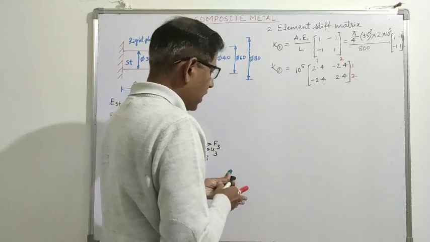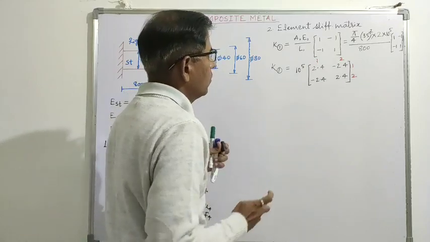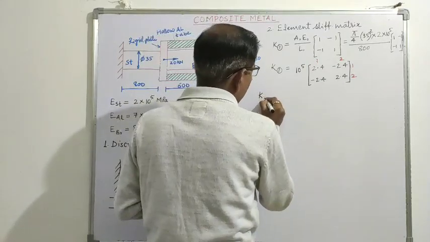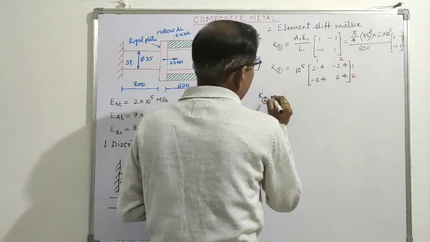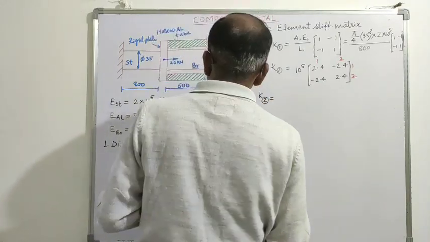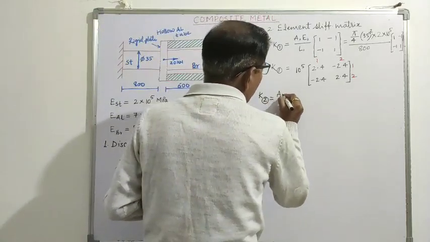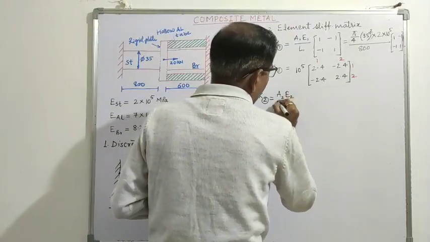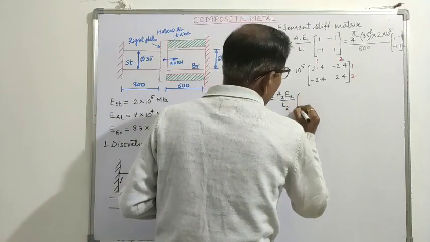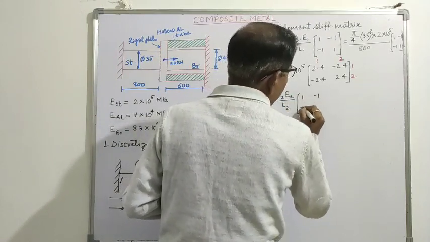Now similarly we calculate K2. So K2 is A2 E2 upon L2, times the matrix 1, minus 1, minus 1, 1.